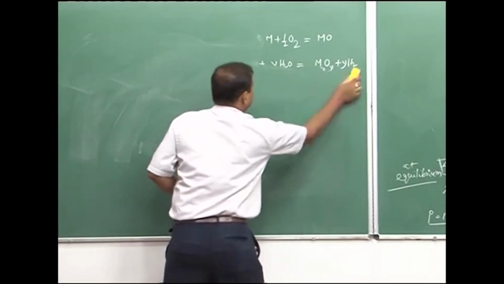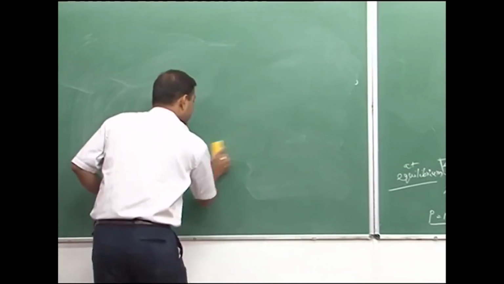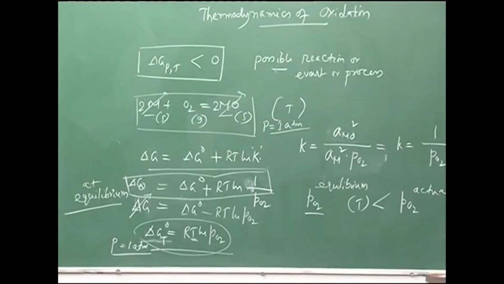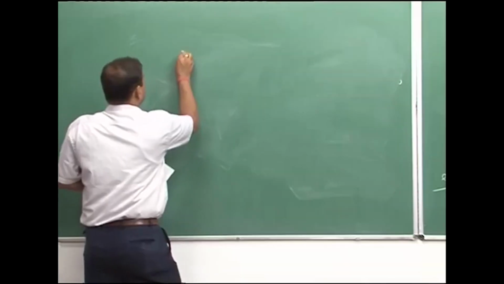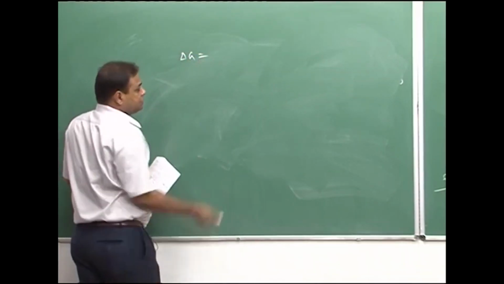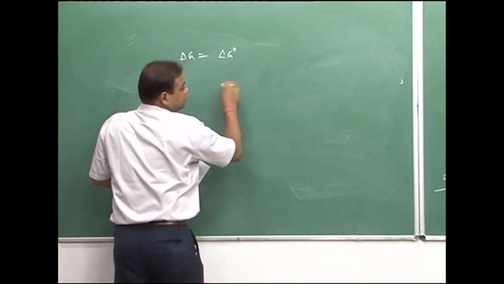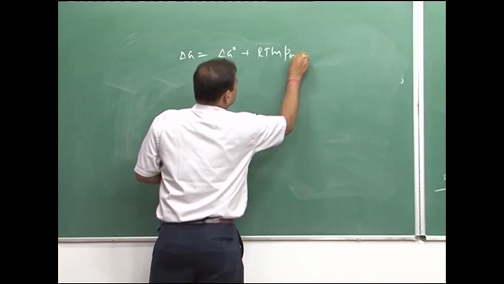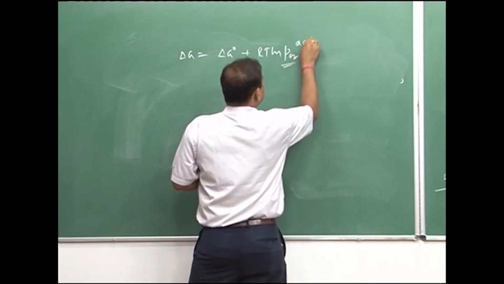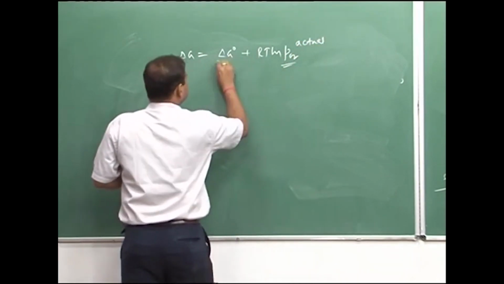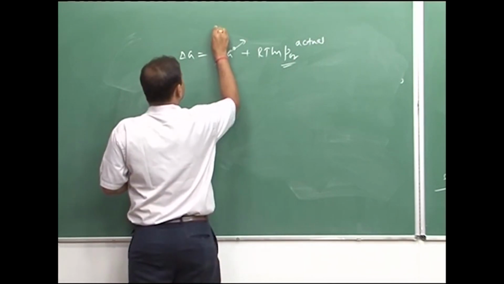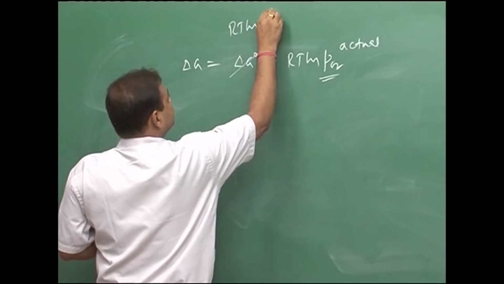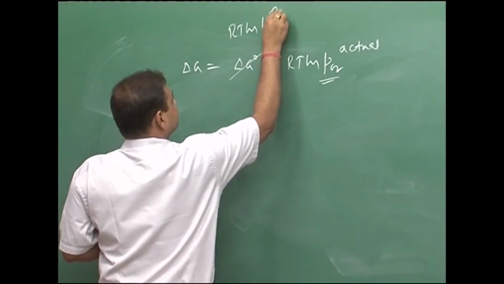Now, if del G is considered, del G 0 plus RT ln PO2, this would be the actual, and we can replace del G 0 with RT ln PO2 equilibrium.